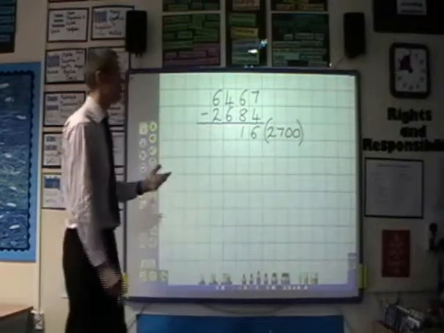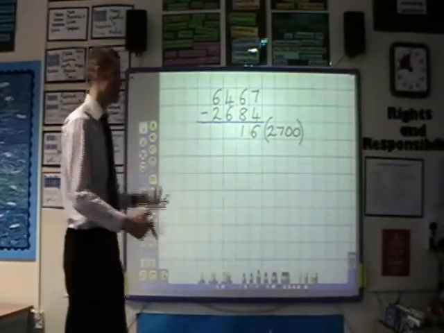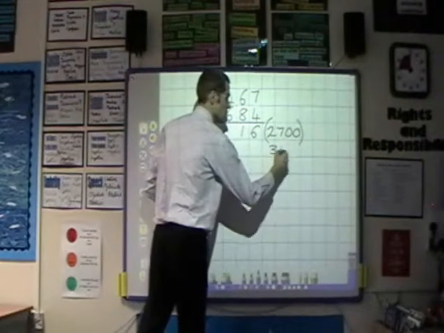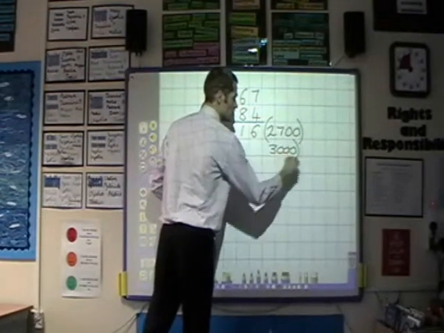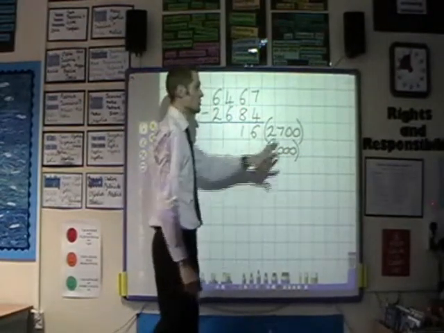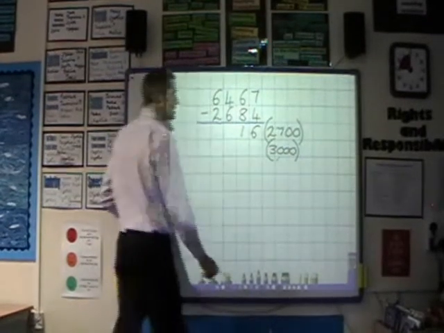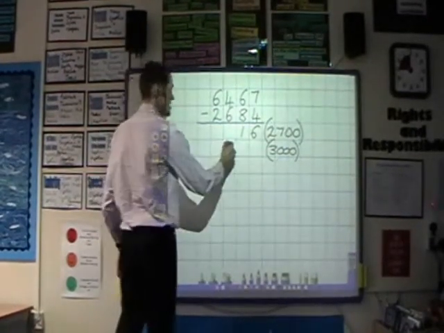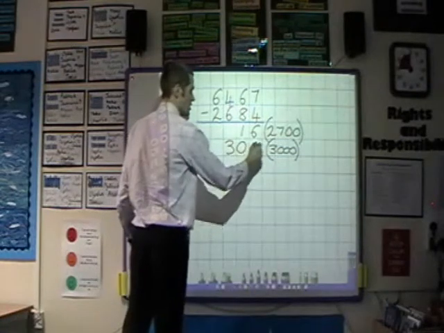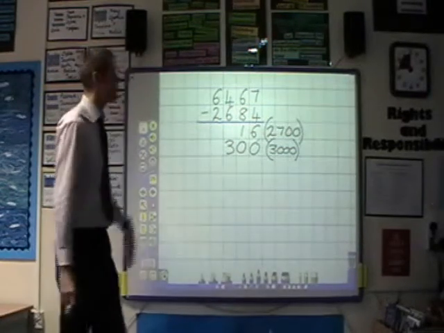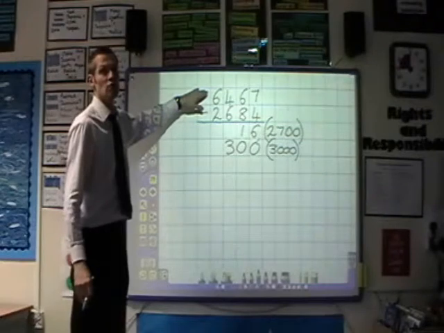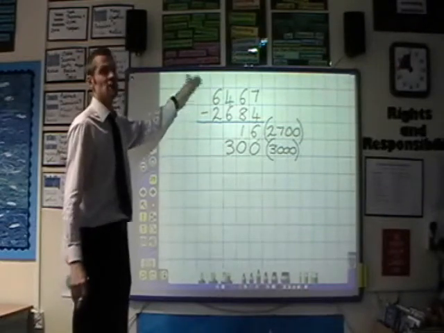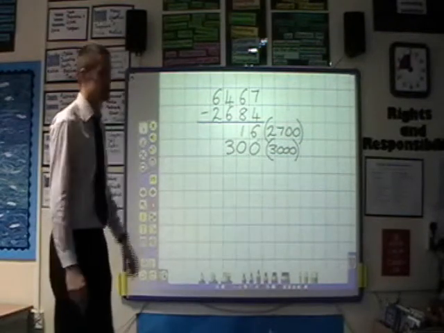From 2,700 I would probably count up to 3,000, which I will record here. And the less confident children will do this. That's obviously added on another 300. And from 3,000, most of the children will probably go straight to the target number now, rather than to 6,000 first and then 6,467.